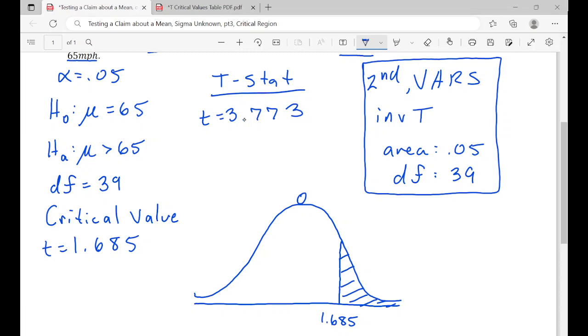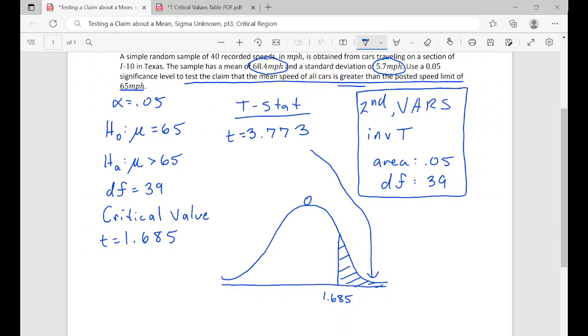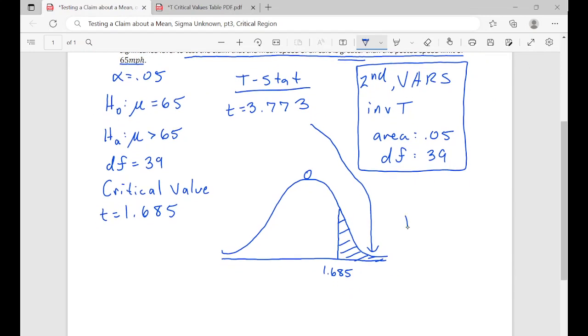We're going to test it. 3.773 is going to be somewhere, I'll say, here, but it's definitely in the shaded region. Since it is in the shaded region, it's in the rejection region, so we reject the null hypothesis.